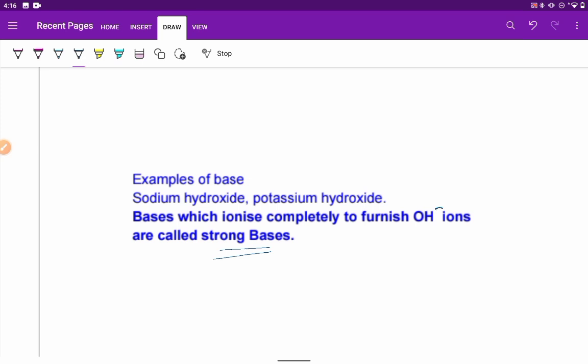So you should be careful when we do this type of addition of water. I hope students you all could understand this much.